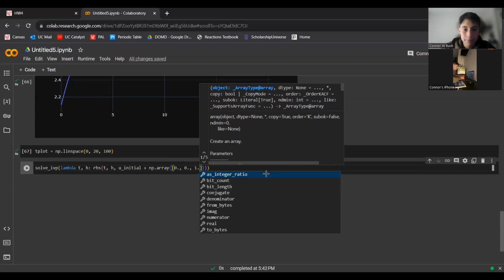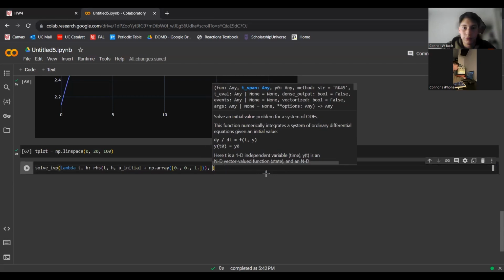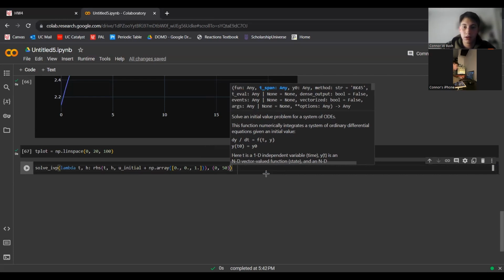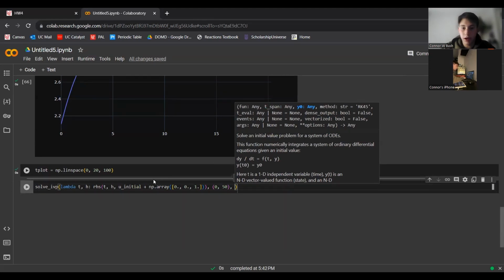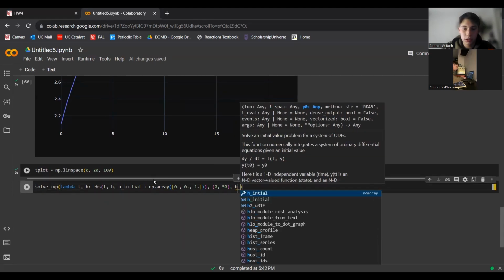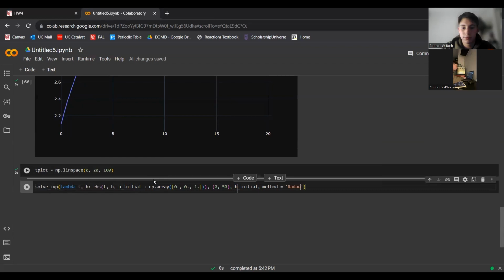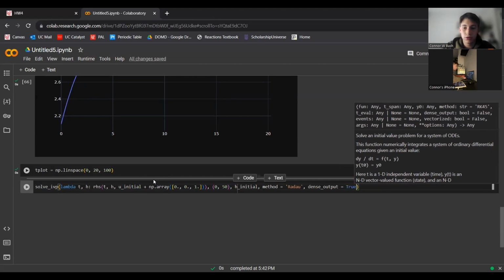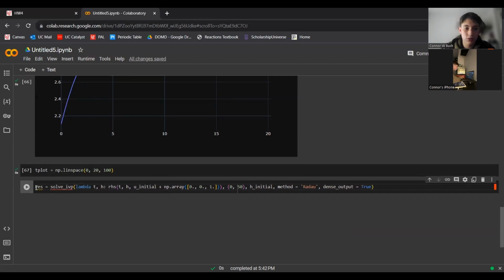So that looks good. Our t-span is going to be from 0 to, we'll say, 50, a few seconds beyond the time plot. Our initial values for this are simply h initial. We're going to update the method to be Radau, and then we have to say that the dense output needs to be true, so it gives us a continuous function. We're going to store the result of this as res.